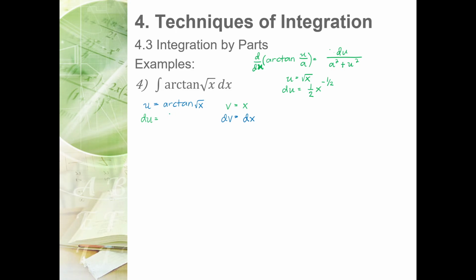So we have 1/2 x raised to the negative 1/2 all over a squared, which is 1 because 1 squared is still 1, plus u squared, which is now x. Simplifying, we have dx all over 2 square root of x times 1 plus x. This is your du parameter.